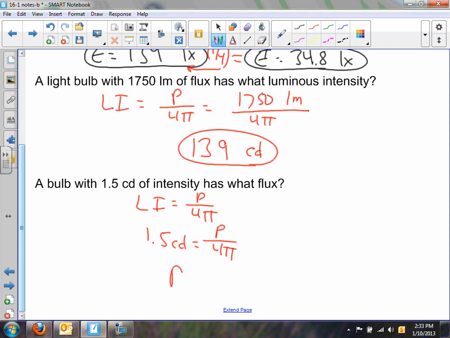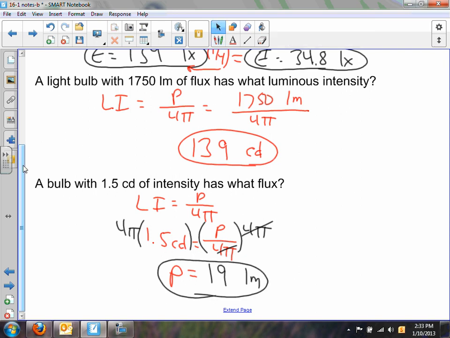So in order to find my flux, you just need to multiply both sides by 4 pi. And then you'd end up with P equaling 19, and the units for flux are lumens. Don't put the units too close, or it looks like you have 191 meters when we know it's really 19 lumens.